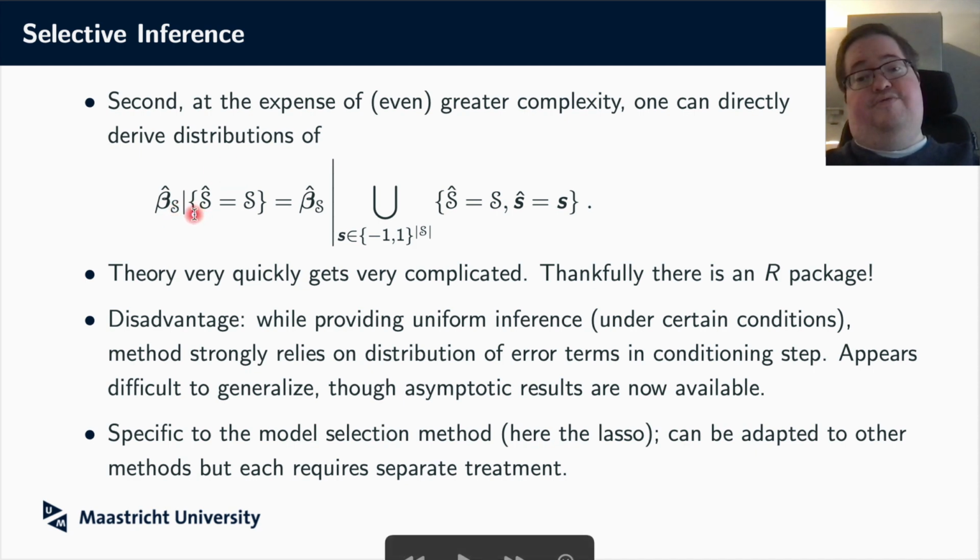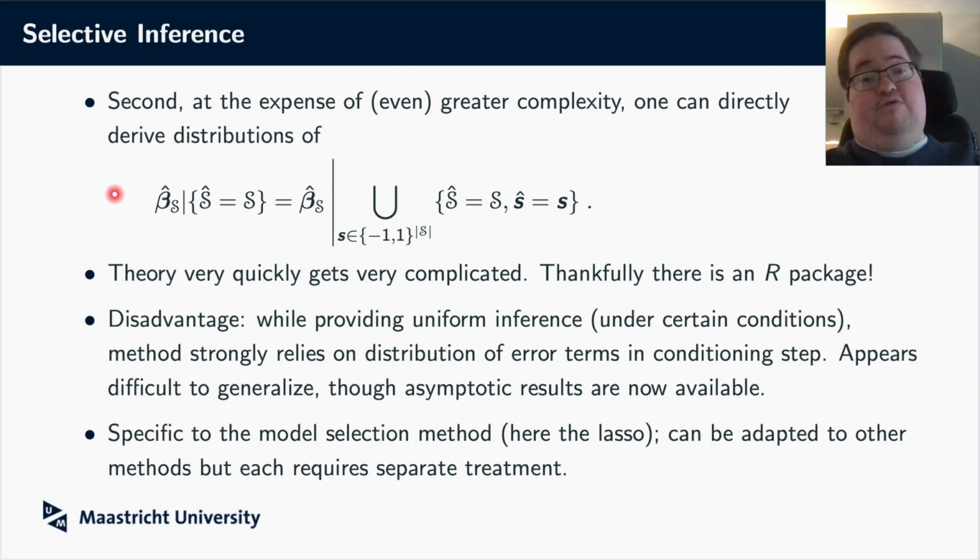If you want to do a different model selection method, you can still use selective inference, but you would really have to treat that separately and do the whole analysis of how to end up there again, unlike POSI, which is an all-purpose method. Well, given the fact that they both use the sub-model view, I think these are the two natural alternatives to compare.